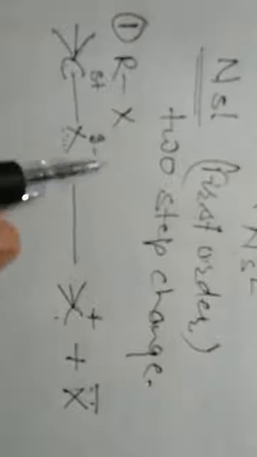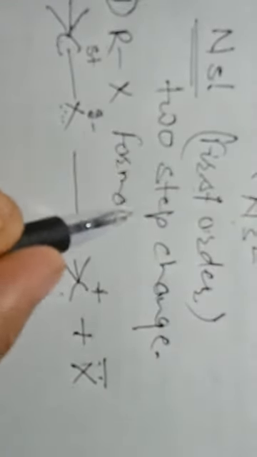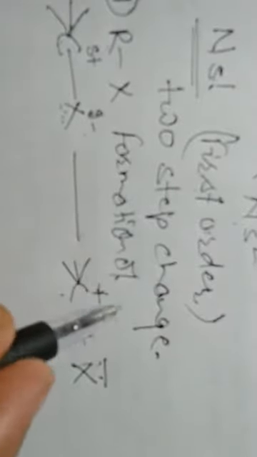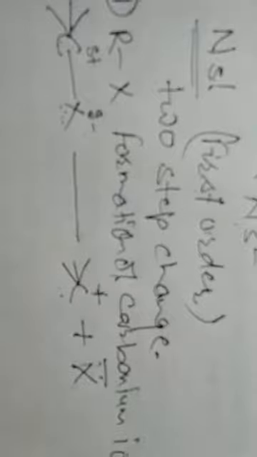Okay children, so carbonium ion is the ion in which the central carbon atom is positively charged, plus halide ion is formed. This is the first step, the formation of carbonium ion.